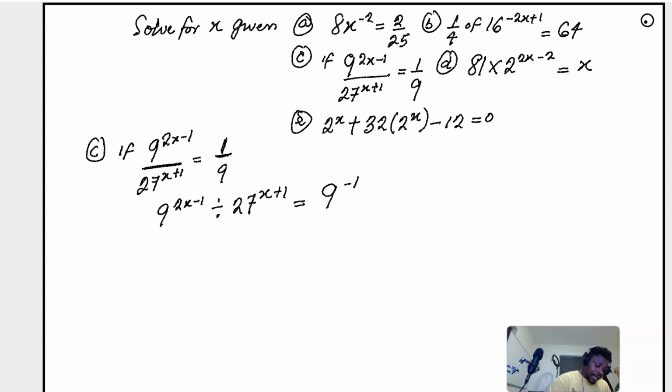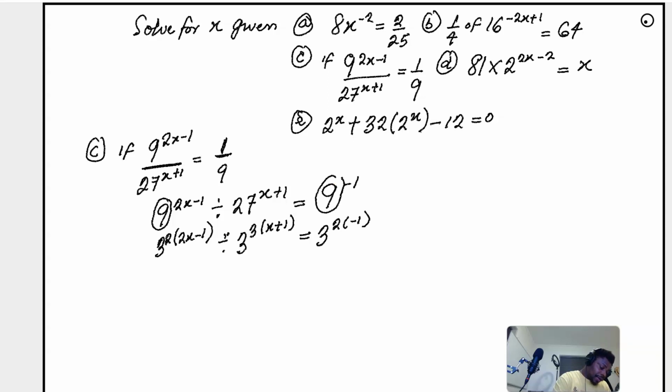We already understand that. So I can put 9 as a base of 3. That is 3 raised by 2, which is 9. So this is 2x minus 1. Divided by 27 can be in base of 3. That is 3 raised by 3, x plus 1. And 9 also can be in the base of 3. 3 raised by 2. Okay?